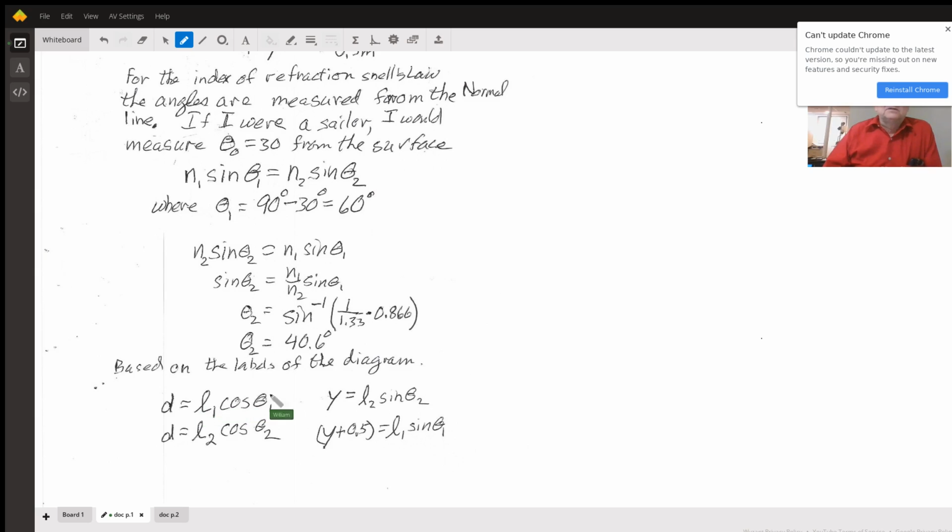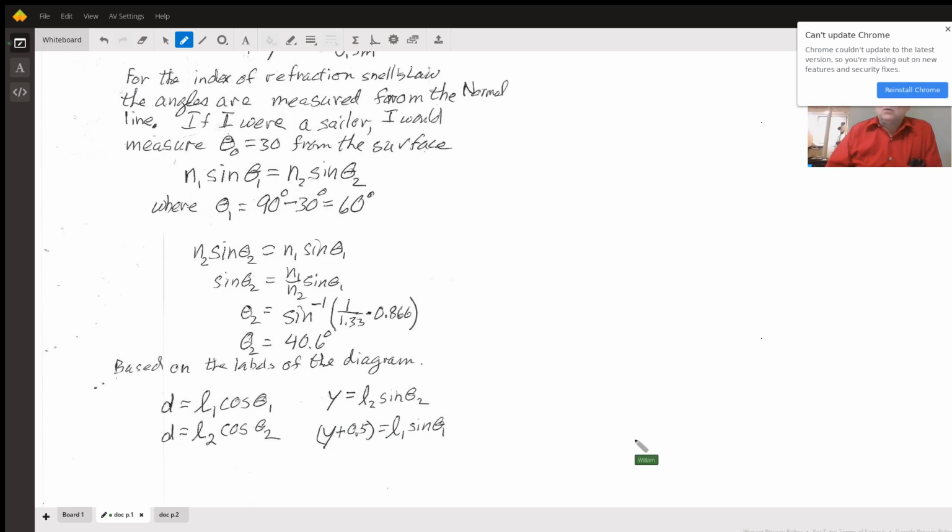Based on the labels, as I pointed out before, D is equal to L1 times cosine of theta 1, and D equals L2 cosine theta 2.